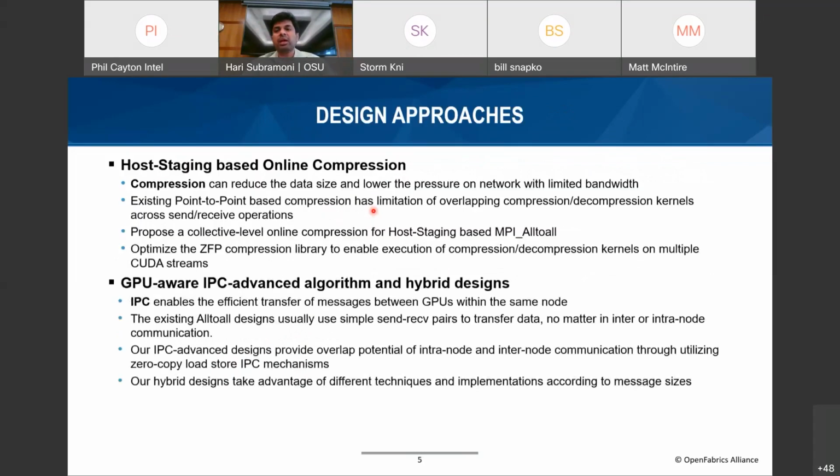Okay. Now, why is compression so important? If you look at modern GPU systems, the GPUs are a beast. They have fantastic, phenomenal compute capabilities. If you look at the rate at which the compute capabilities and the communication capabilities are evolving, you will see that the compute is far outstripping the communication.